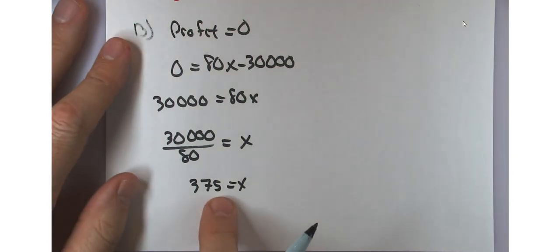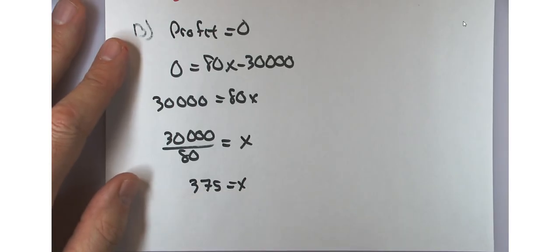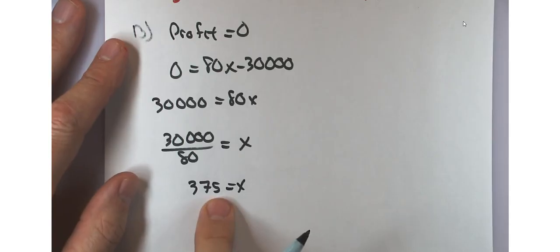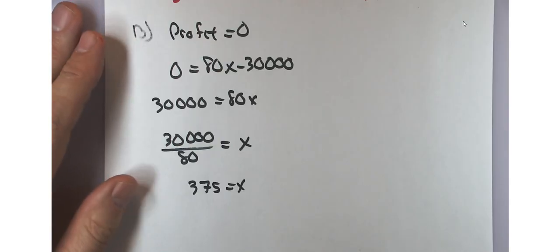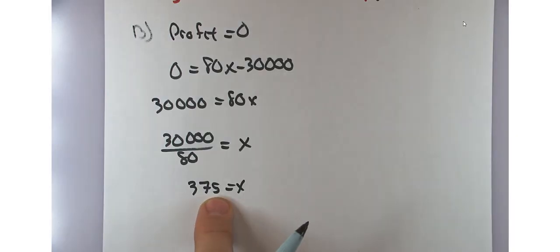If this turned out to be a decimal, like 375.1, then the answer I want to see on your test or your quiz would be 376. Because until you get to that next calculator, you can't produce a part of a calculator. Until you get to that next calculator, your profit is 0. If you want a profit that's actually positive, then you want to round up. If you want to keep it negative, then I guess you could round down.